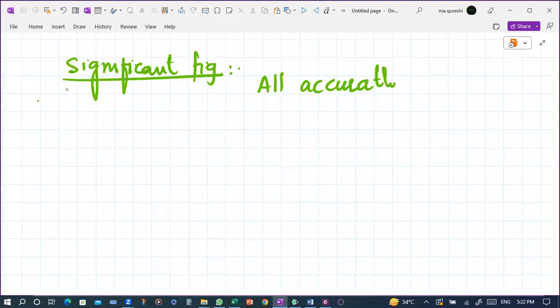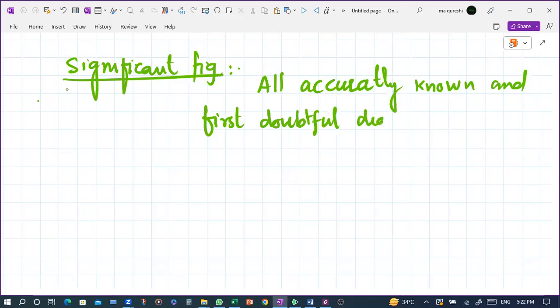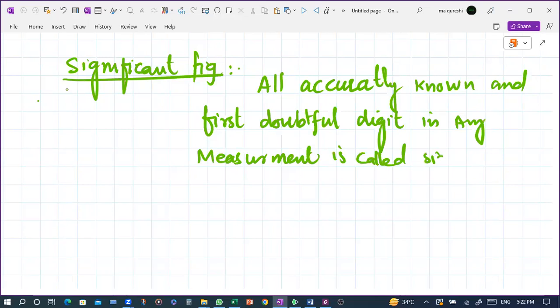All accurately known digits and the first doubtful digit in any measurement are called significant figures.